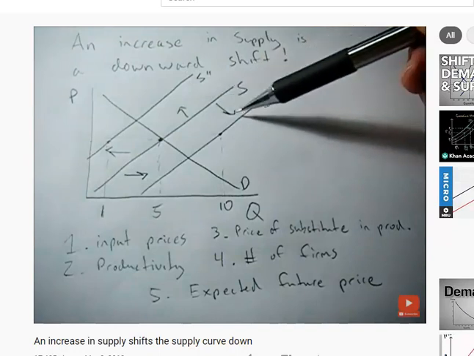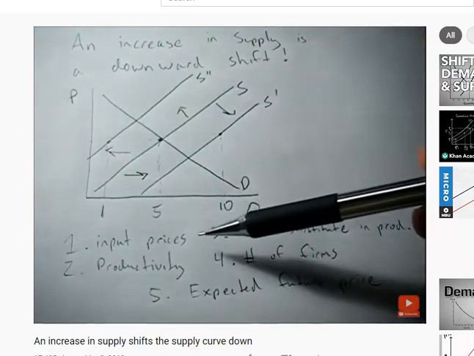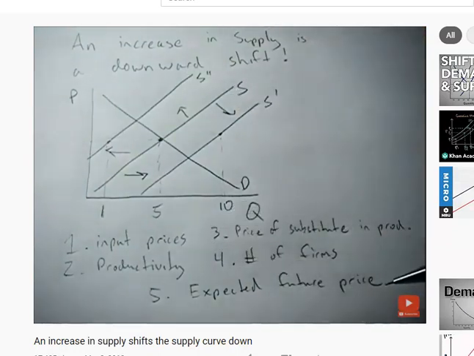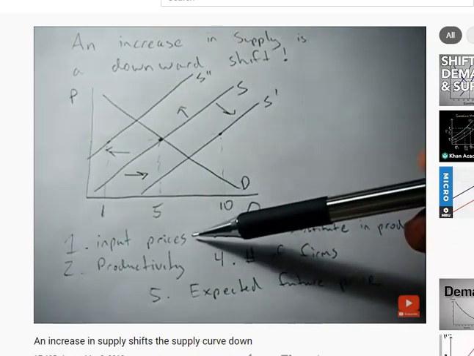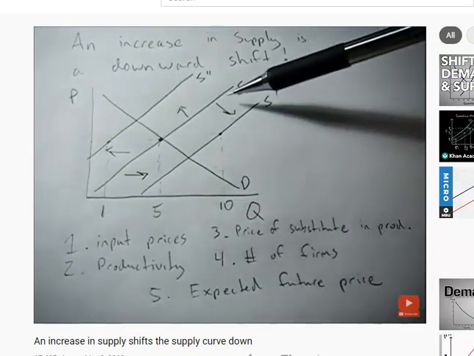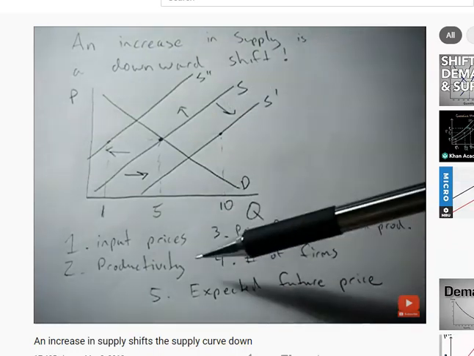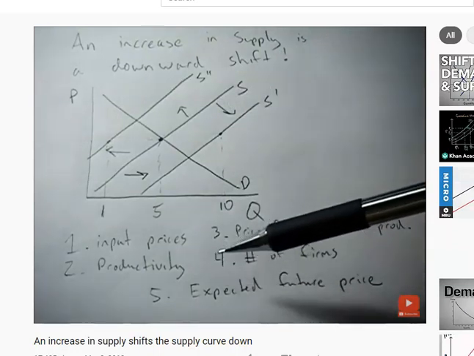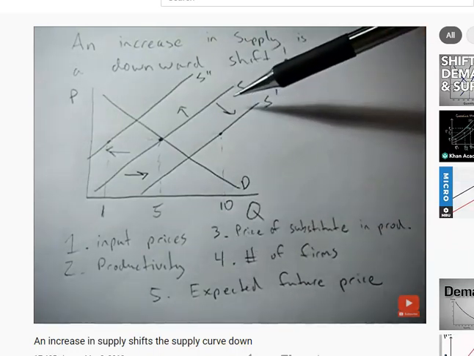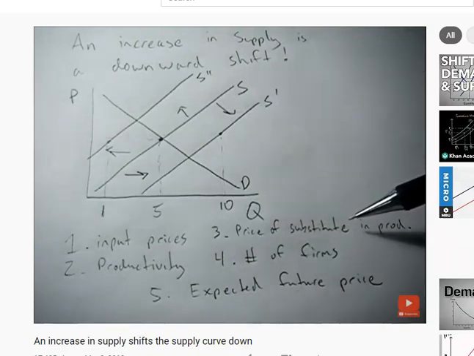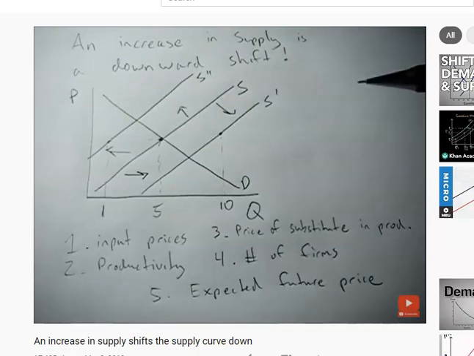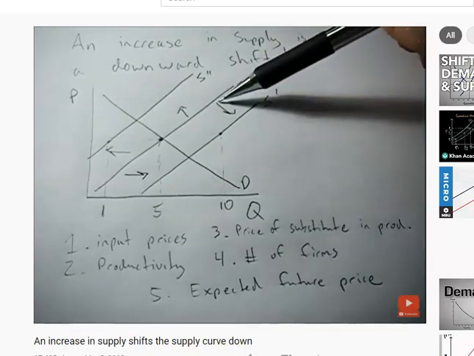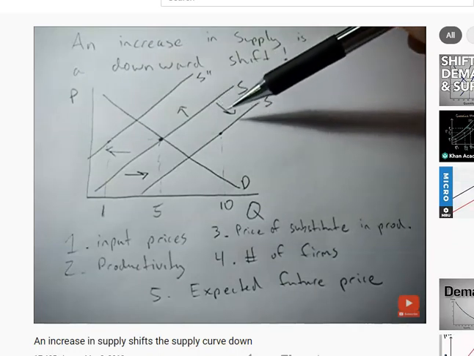So what could cause an increase in supply? Well, it's a change in one of the determinants of supply. So input prices could go down, that would cause an increase in supply. Productivity or technology could go up, an increase in supply. Price of a substitute could change. So if the price of a substitute goes down, that would increase supply.